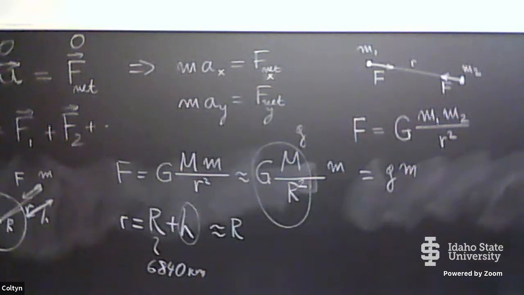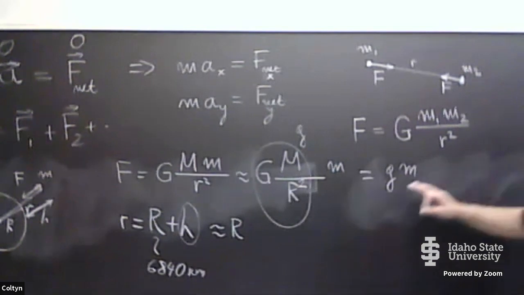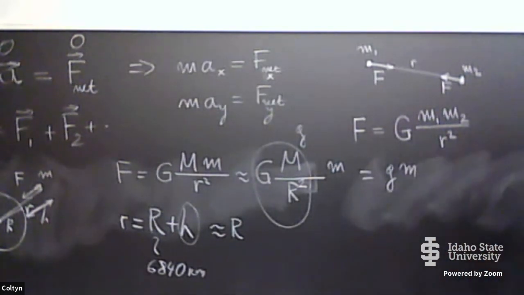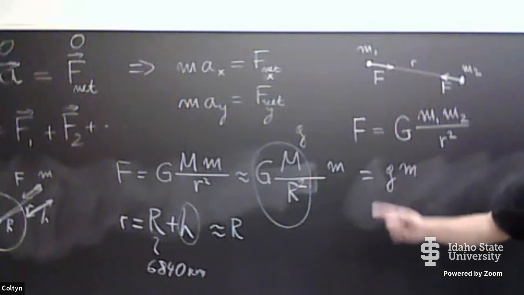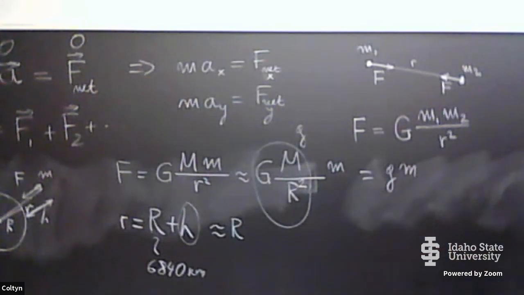Well, of course, this approximation only works if you are close to the surface of the planet Earth. If you are somewhere close to the surface of a different planet, instead of 9.8, you're going to have a different number.